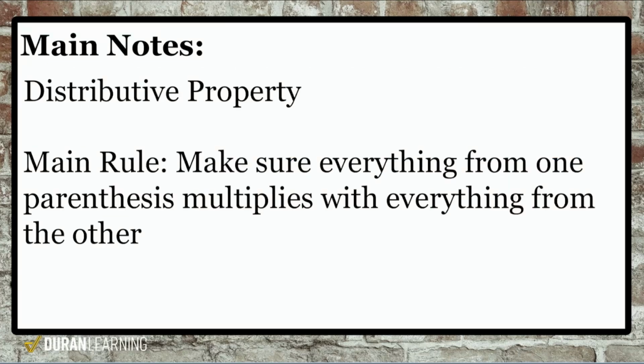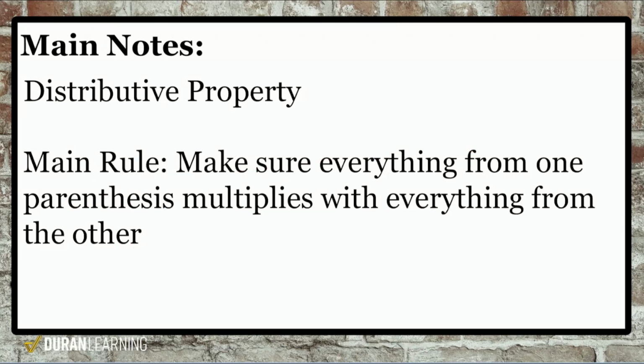All right, so moving forward here to the distributive property. This is the bread and butter of what we're doing here and in yesterday's lesson. So here's the main idea. When it comes to the distributive property, the rule is to make sure that everything from one parentheses multiplies with everything from the other.